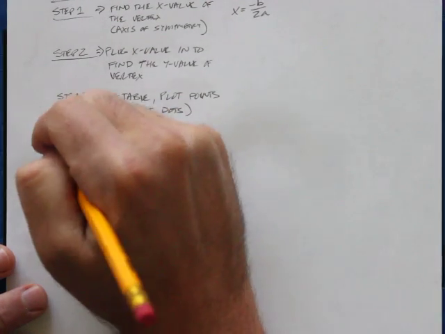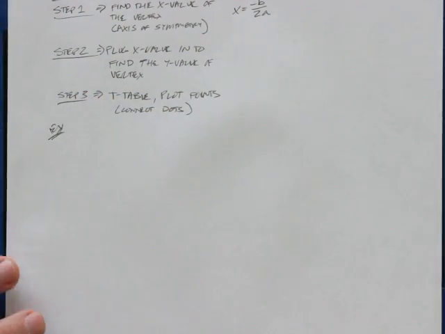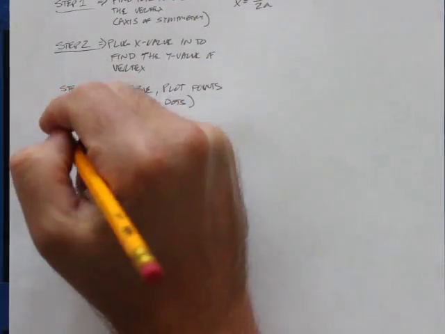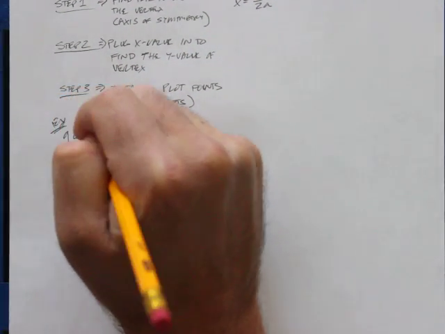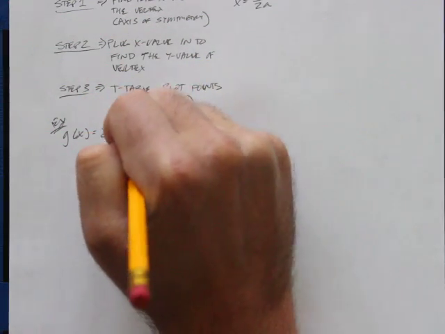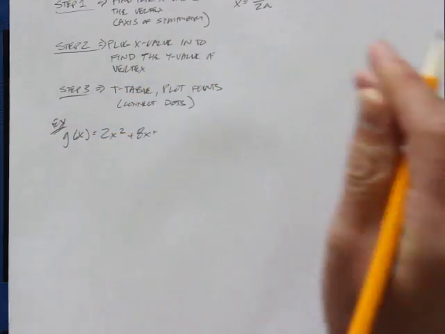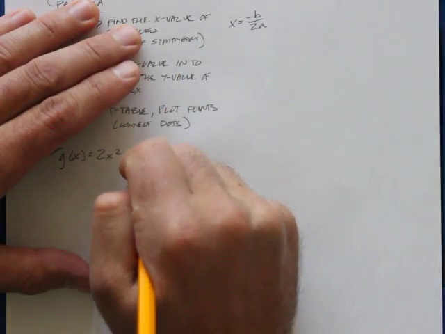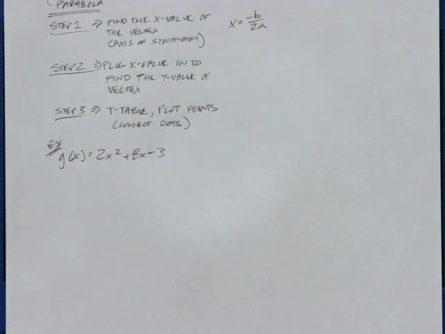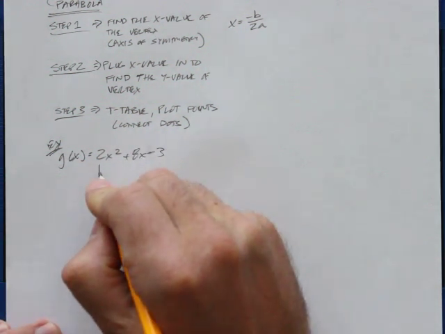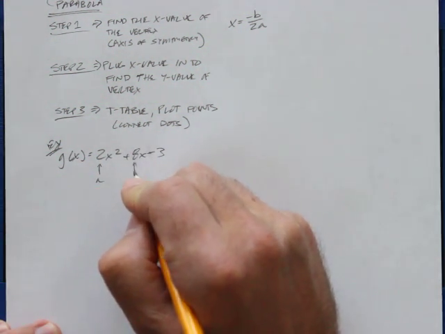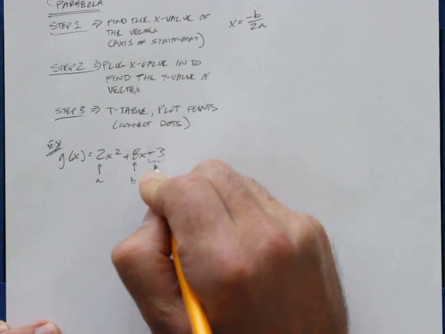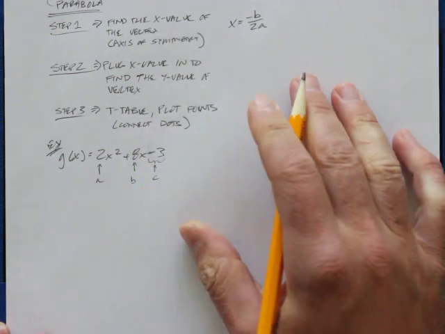All right, so let's do an example. g of x equals 2x squared plus 8x minus 3. So this 2 here is our a value, this 8 is our b value, and negative 3 is our c value.